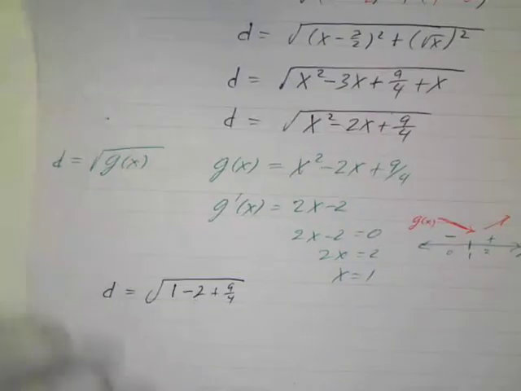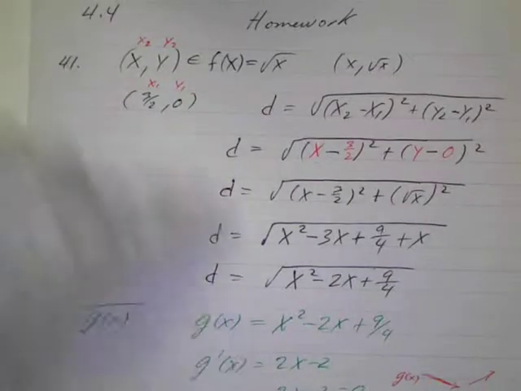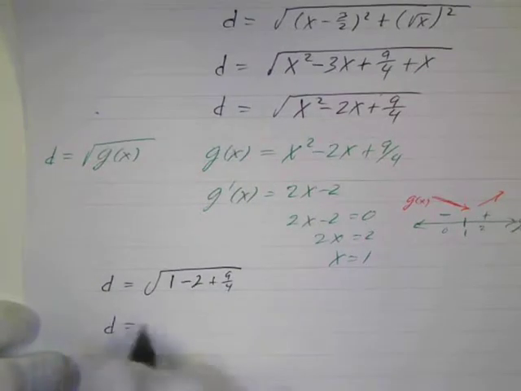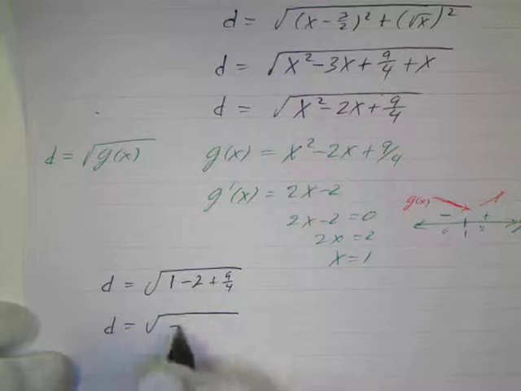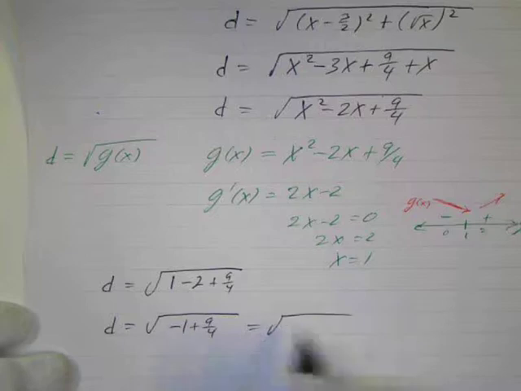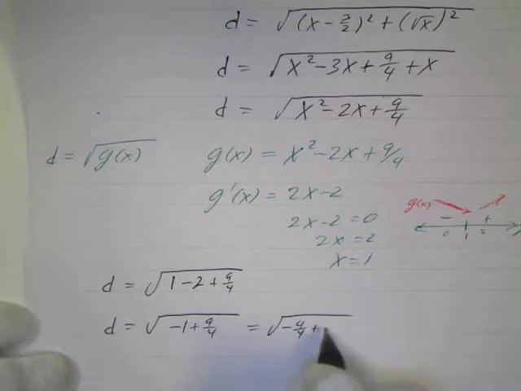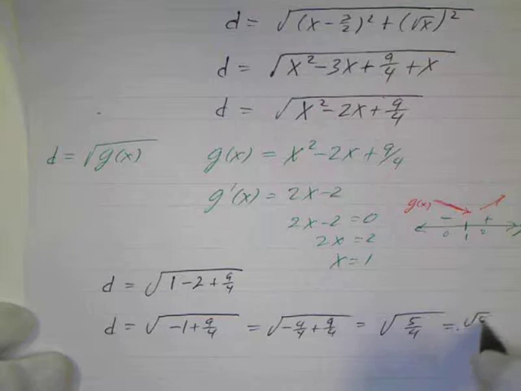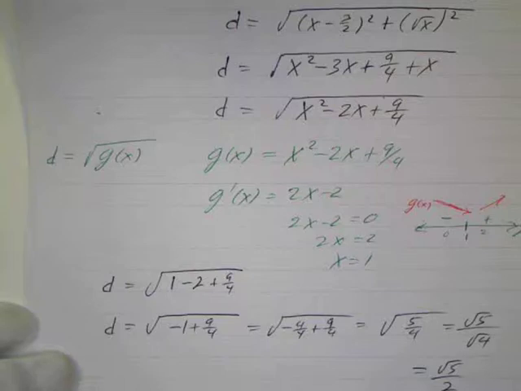I just put this back in my distance formula, the easiest one to do. This is going to be negative 1 plus 9/4. That's the same thing as the square root of negative 4/4 plus 9/4. So 9 minus 4 is 5, so that's the square root of 5 over 4, which is the square root of 5 over the square root of 4, and that's equal to the square root of 5 over 2. So there's your minimum distance.